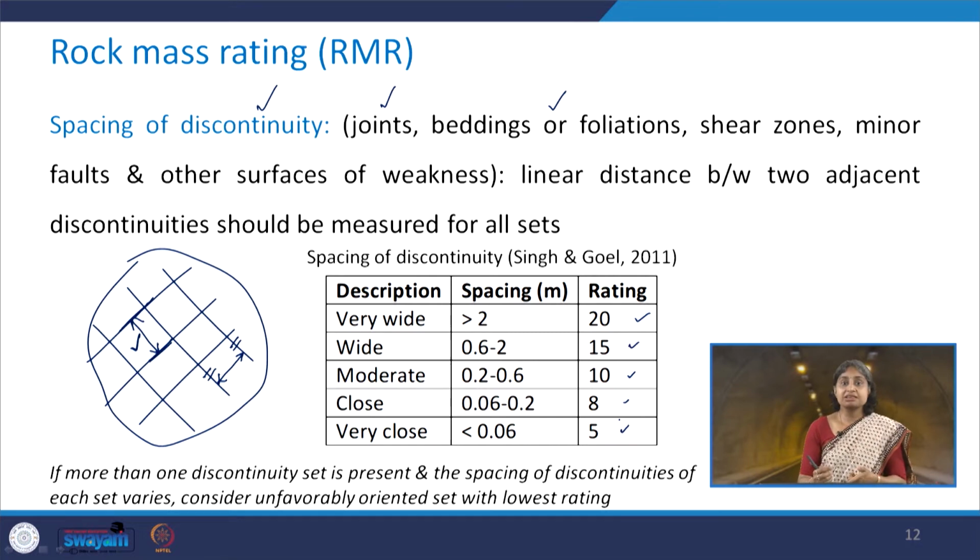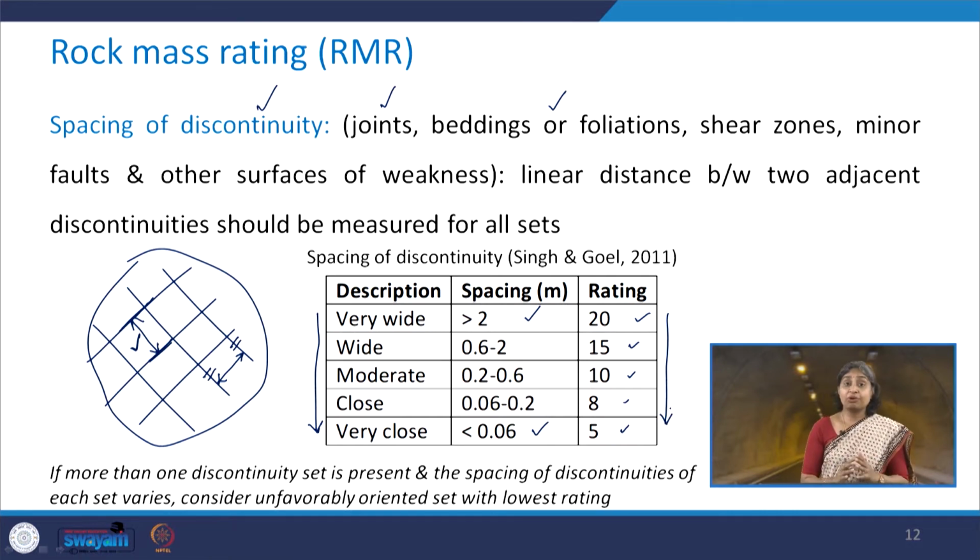So, in this case also, as we go from very wide to very close spacing of the discontinuity, or from larger values of spacing to smaller values, the rating assigned to spacing of discontinuity also reduces.